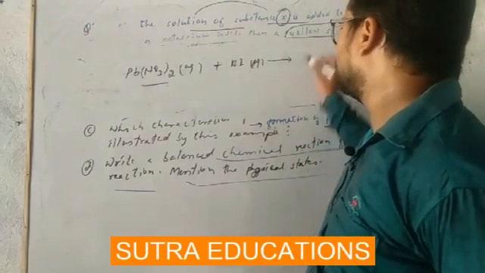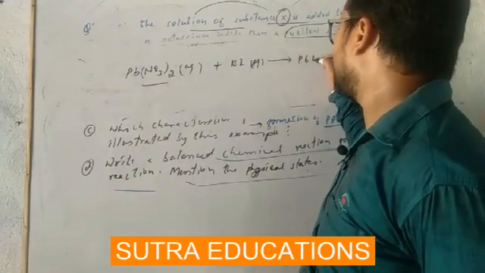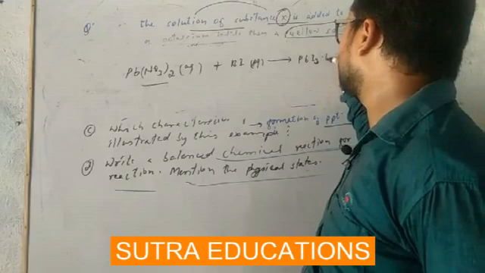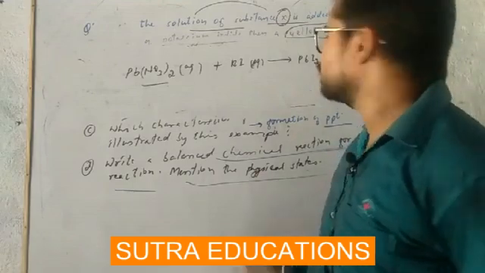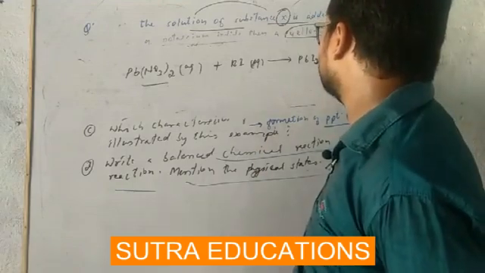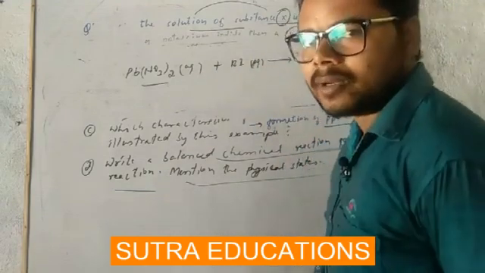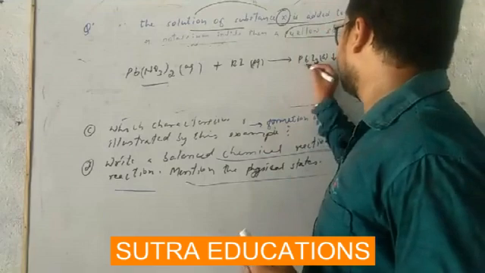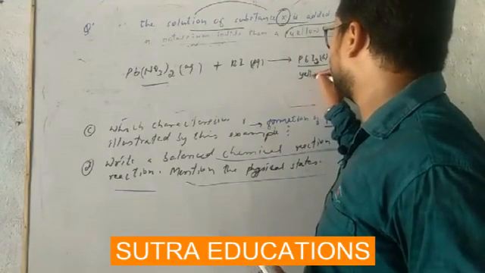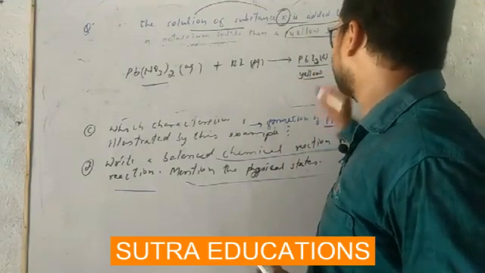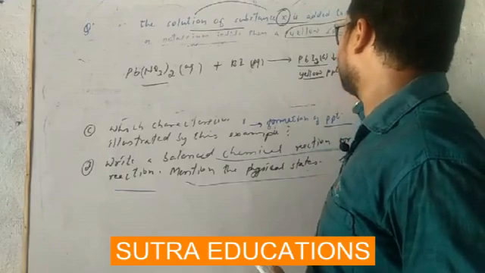It is giving out PbI2, which is a precipitate. If it is a precipitate, then we say it is solid. That's why it is settling down and forming a precipitate, and its color is yellow, a yellow PPT.